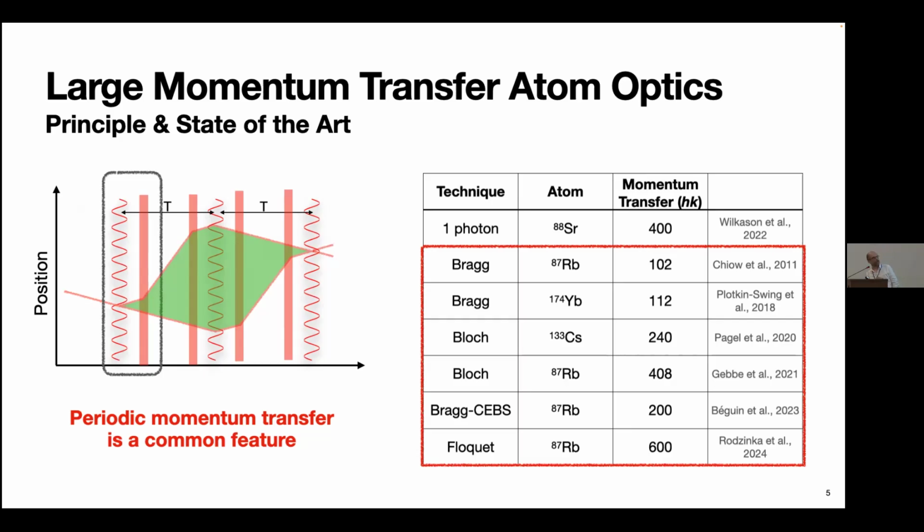You can use a sequence of Bragg pulses or continuous acceleration, which is a Bloch-type oscillation. In our case, we improved this Bragg sequence by using a coherent phenomenon to make the losses interfere destructively. Then I will show you that we can use the Floquet formalism to unify all these techniques and also to reach an optimal solution for the momentum transfer.